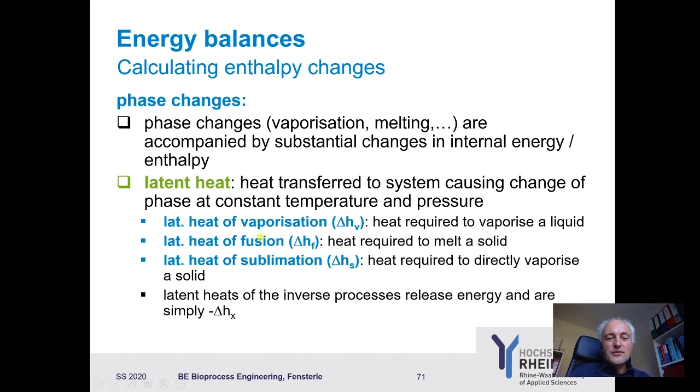So latent heat of vaporization is the heat required to vaporize a liquid, heat of fusion to melt a solid, heat of sublimation to directly vaporize a solid, and the inverse processes correspondingly release the energy and are then simply assigned a minus.